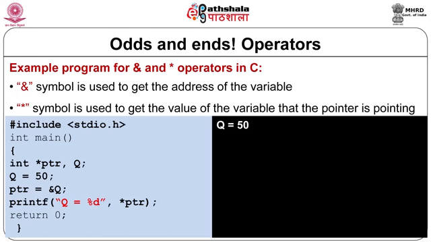So, the value of q is 50. Pointer equal to ampersand q means the address of it, and we are printing the value of pointer. So, the value of q is 50 and therefore, this program will display q equal to 50. This is a special operator which demonstrates ampersand and multiplication.